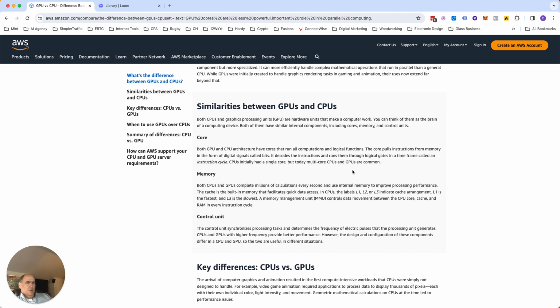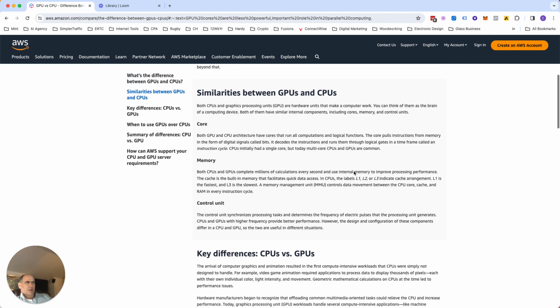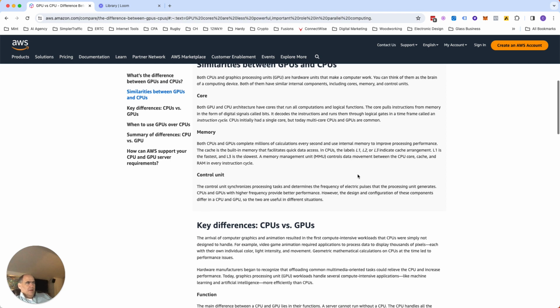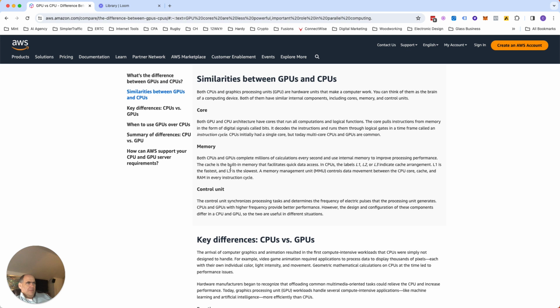GPUs run a lot more parallel tasks, so your task has to be able to be split apart into lots of parallel execution, with no interdependency between the pieces of the process.